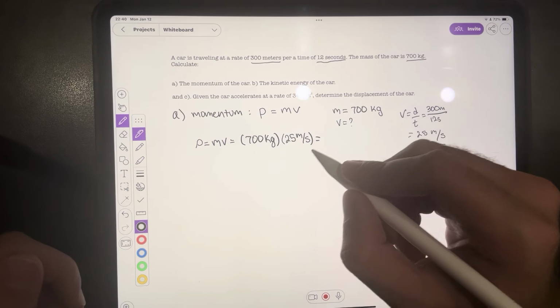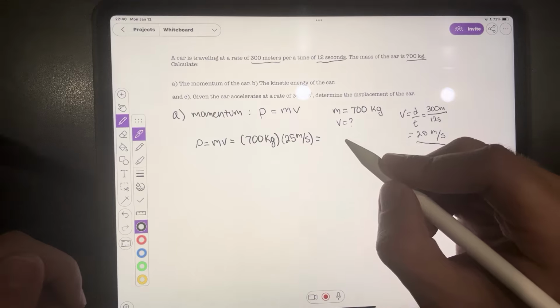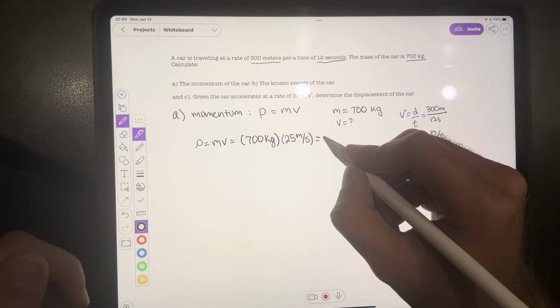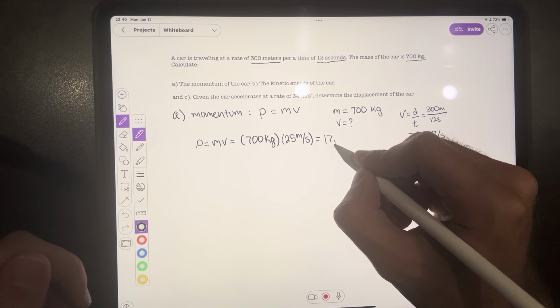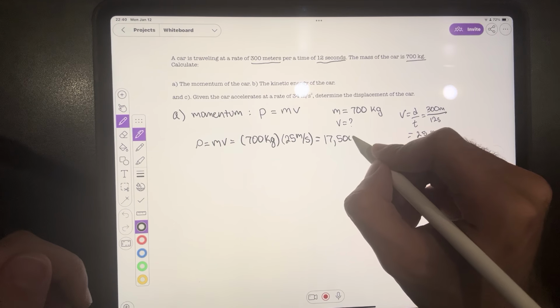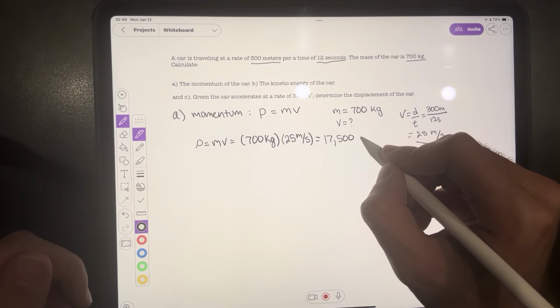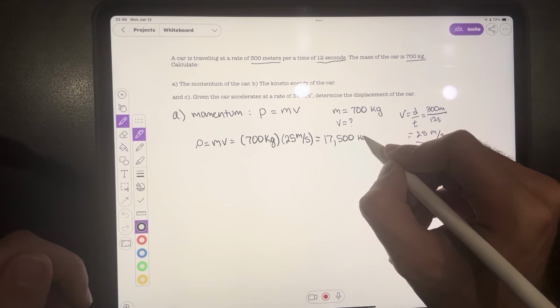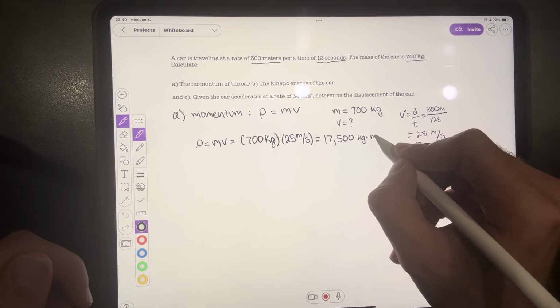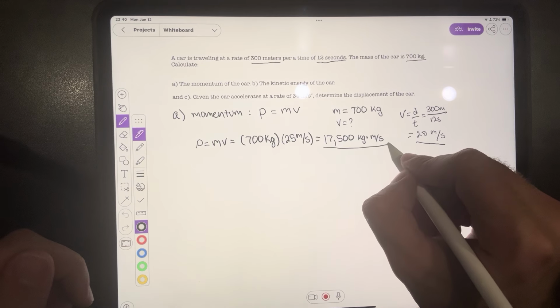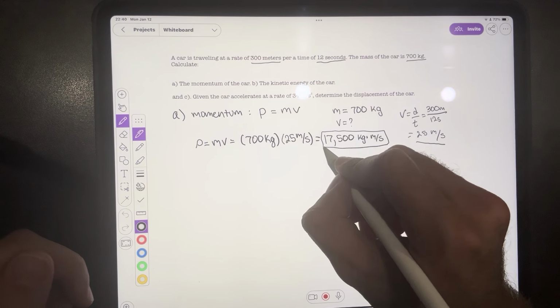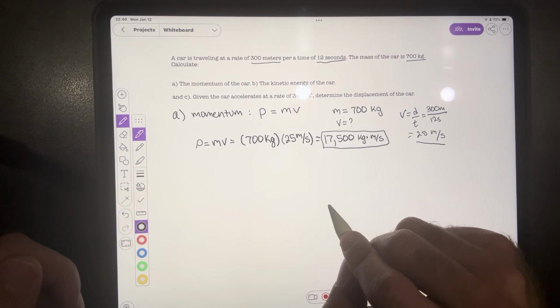And now, if we multiply this, we get that the momentum is 17,500 kilograms times meters per second. That gives us our momentum.